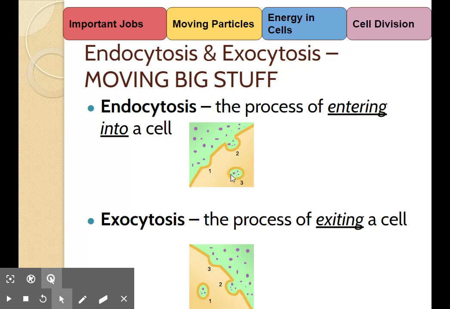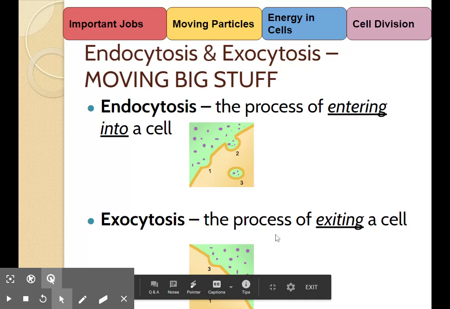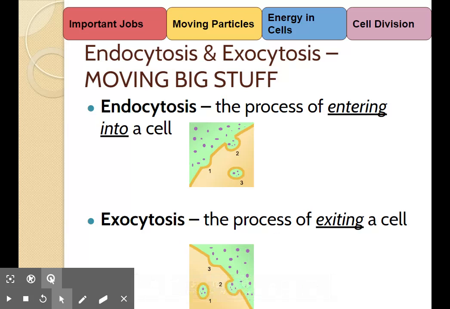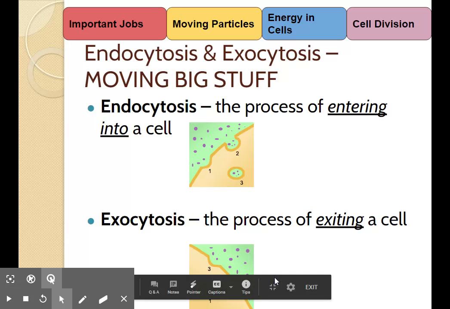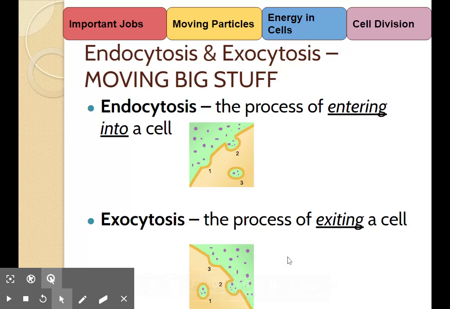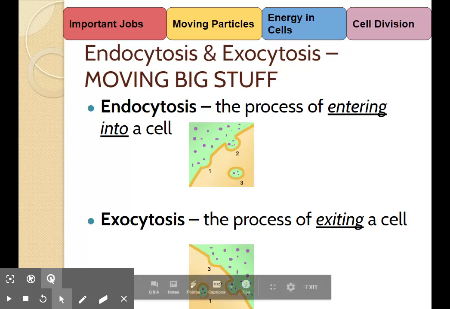They're being encapsulated here in this little bubble, and it went inside of the cell. Now, exocytosis, just like exiting the cell, is leaving the cell. I look at that same picture, and we notice 1, 2, and 3. It's trying to leave the cell.